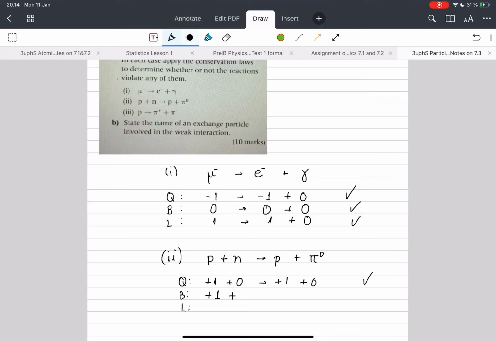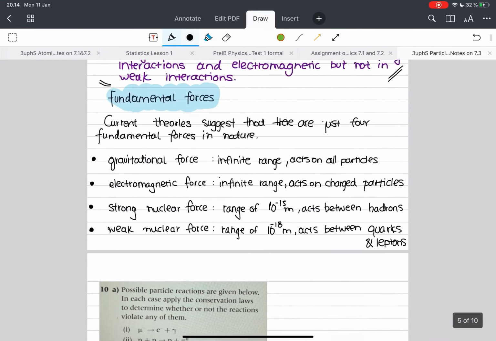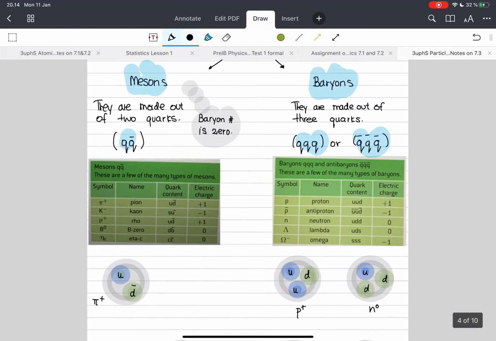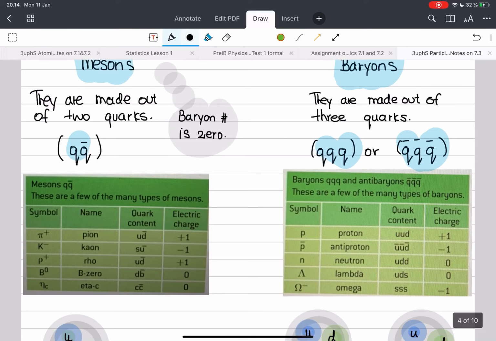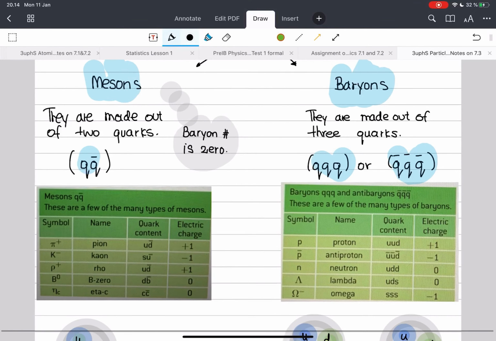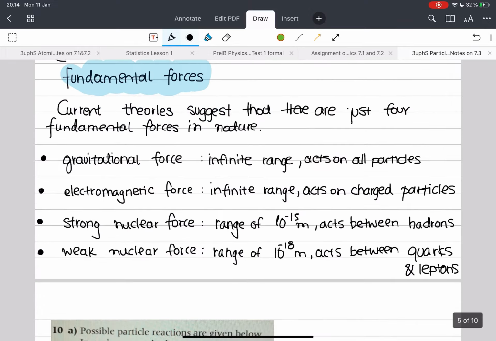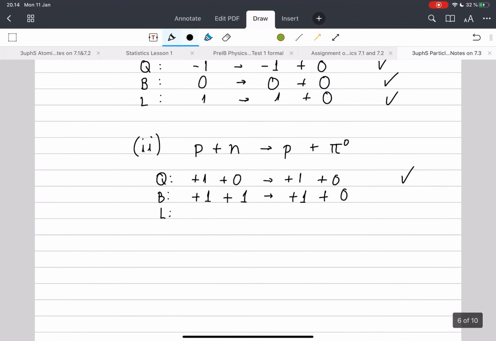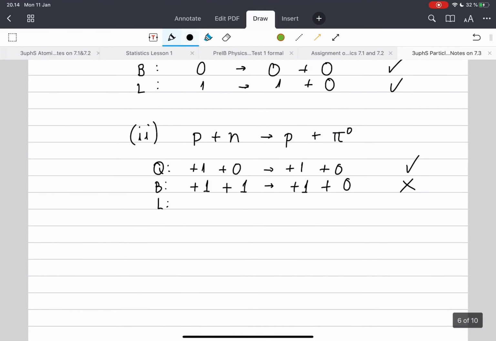The neutron has +1, and then the proton has +1 here, but the pion has 0, because if you look into this table, you can see that all mesons have a baryon number of 0, and a pion is a meson, made out of 2 quarks. So in this case, this is violated.